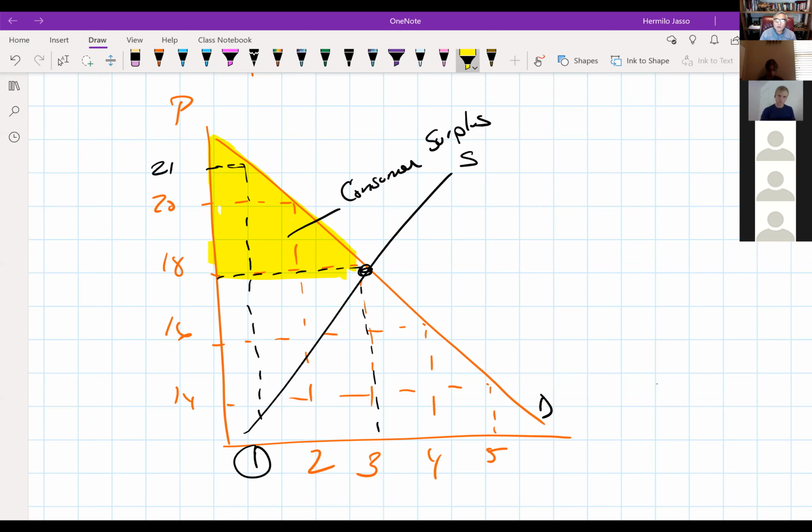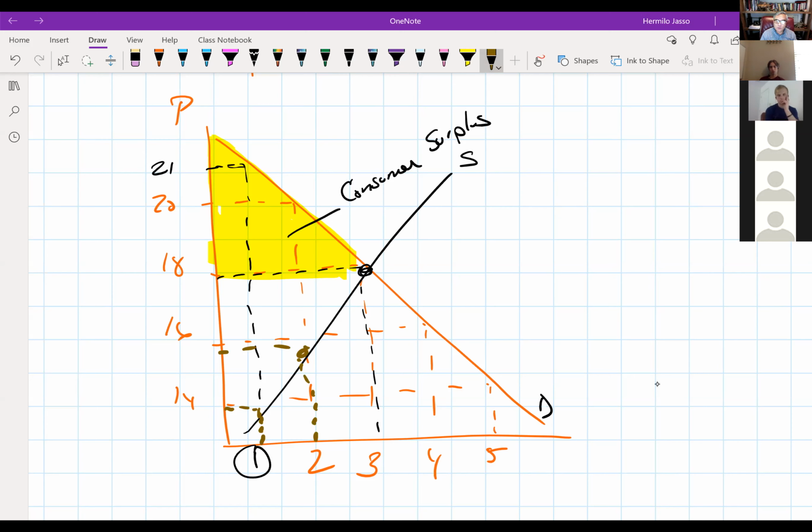But now look at the producer. How much was the producer willing to sell the first unit for? Let me change my pen right here. And as you can see, the producer was willing to sell you 1 unit for $14. He was willing to sell you 2 units for $16.